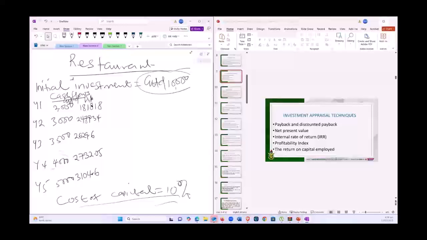So it will be around here. It's 4 point what? 4.2. So 4.2 years will be the discounted payback period.